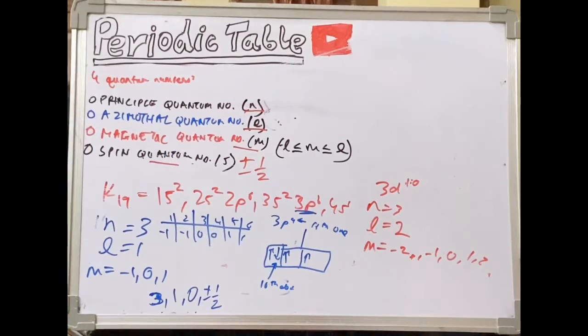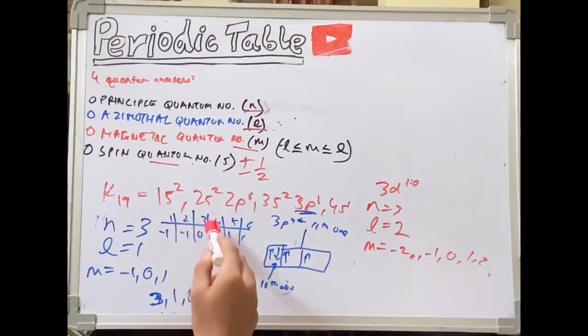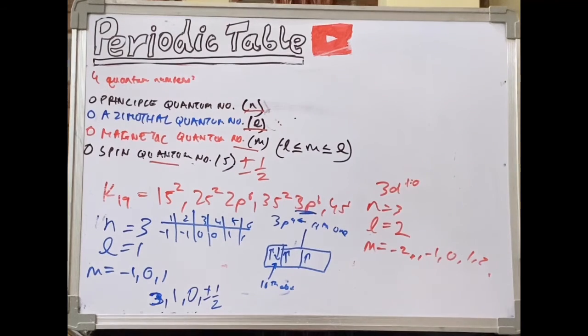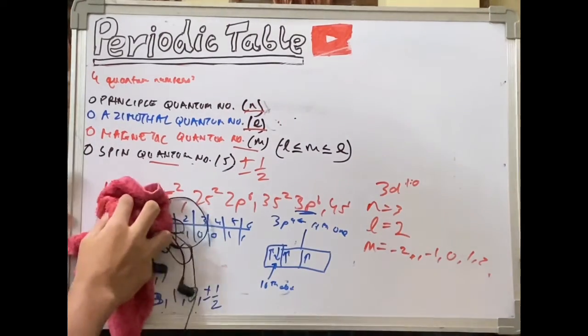In that particular subshell you always have to assign the values from negative to positive in a symmetrical manner, like I did over here: minus 1, 0, 0, 1, 1. All of them are equally distributed and you can't distinguish between them on your own. So that is all for the quantum numbers.